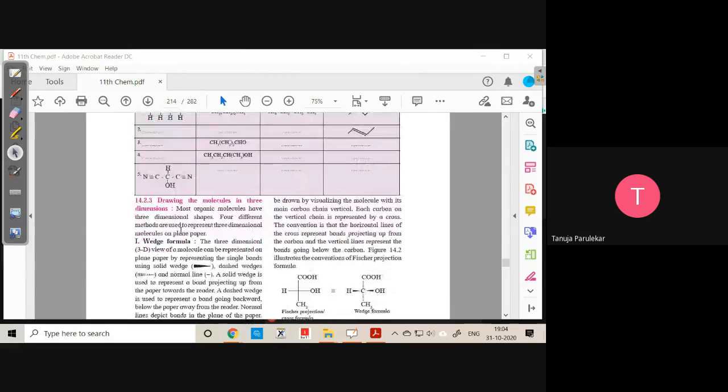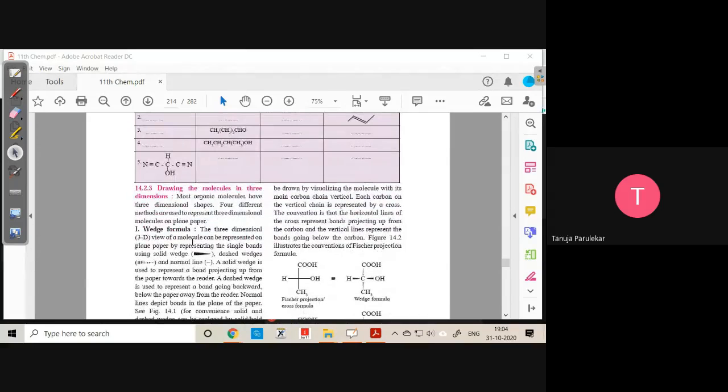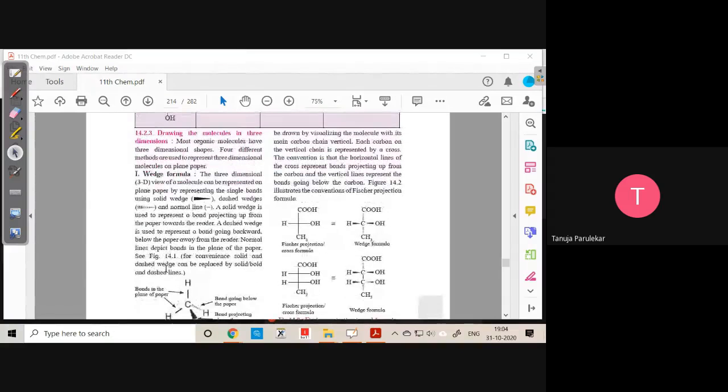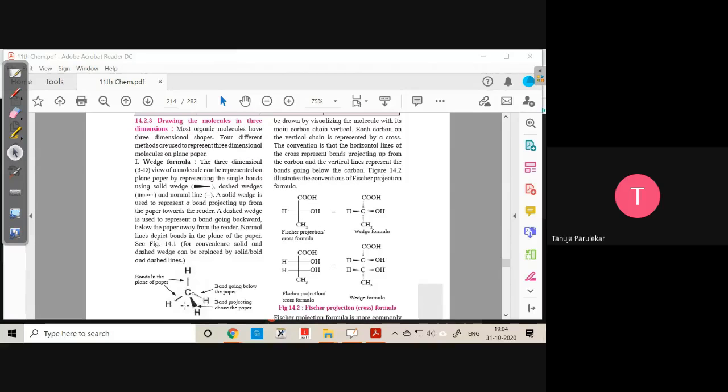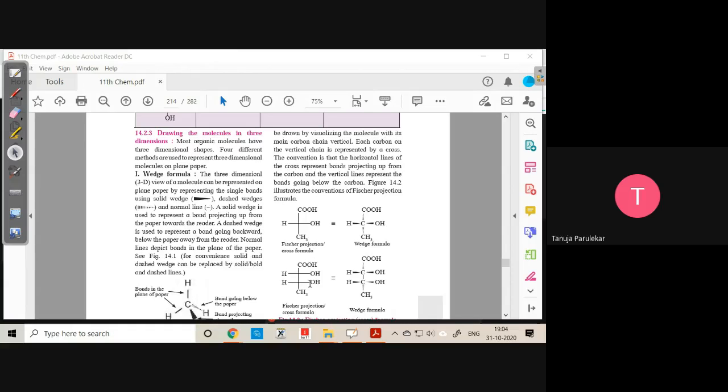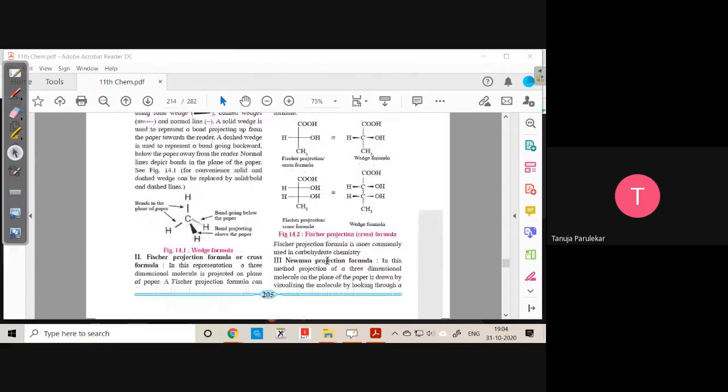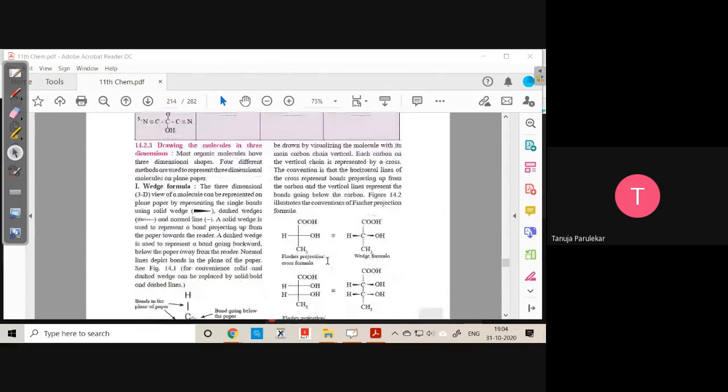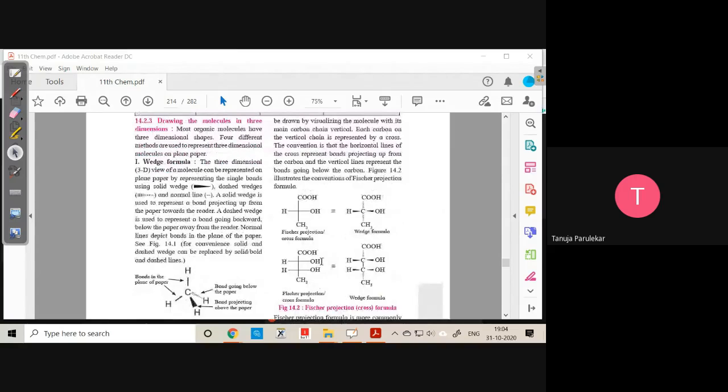Anyways, then we did wedge line formula, wedge dot formula. You have a thick solid wedge and a dash wedge. Okay. After that, these lines represent the bonds in paper. The thick line tells you bond projecting out and the dotted line tells you bond going behind. Okay. Then you have Fisher projection formula, which is also used to represent the three-dimensional structure.